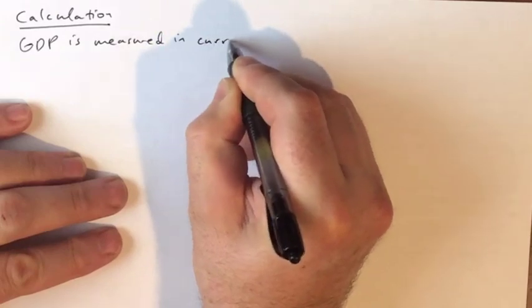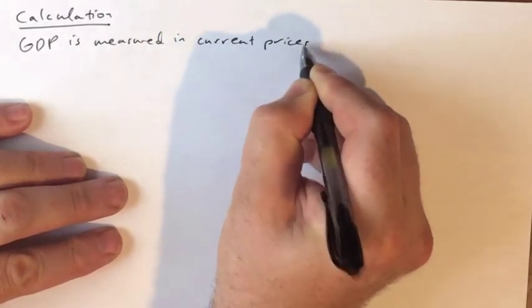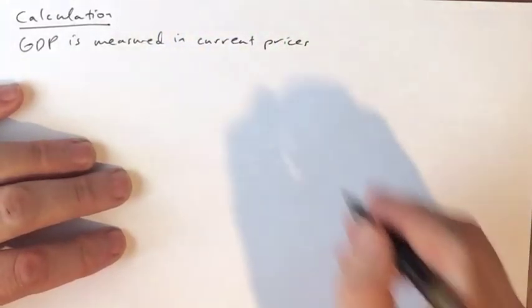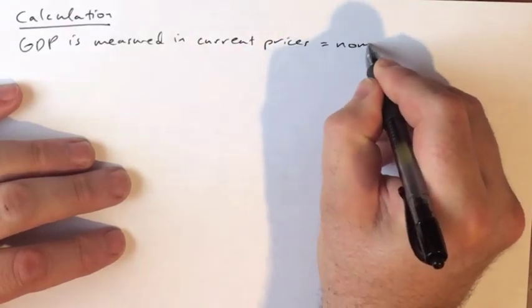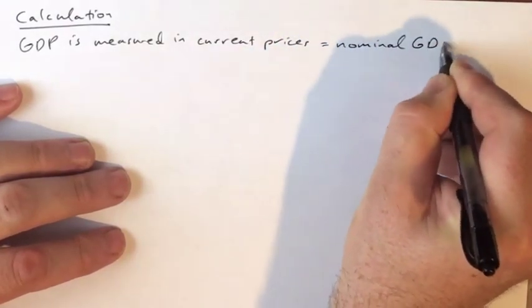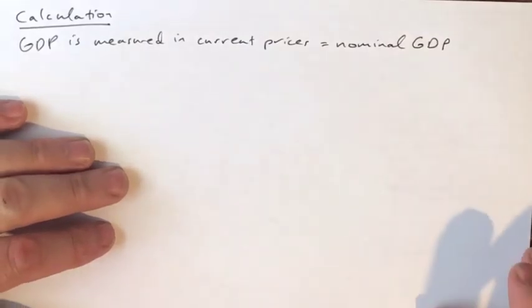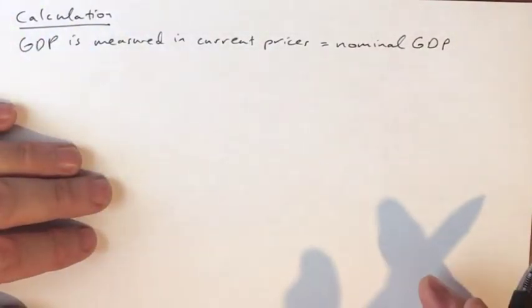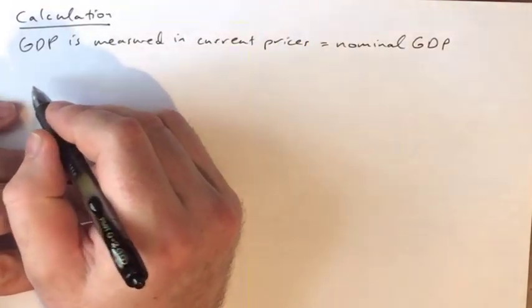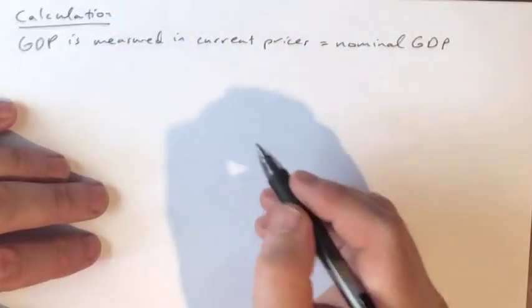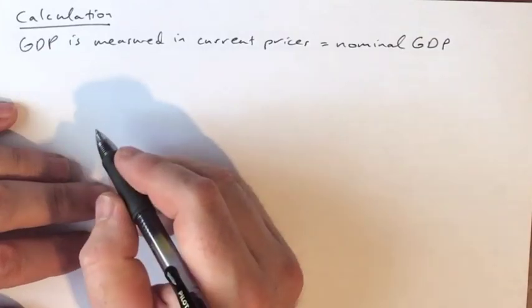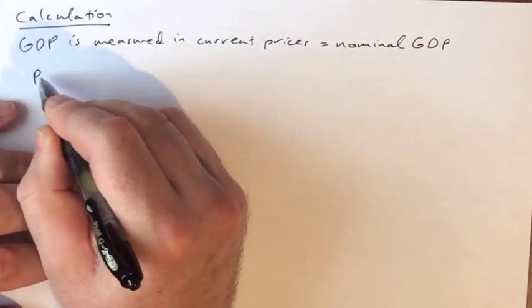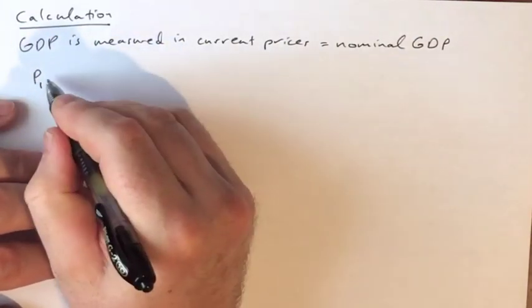in current prices. All right, GDP measured in current prices is called nominal GDP. And the way that it's calculated is pretty simple. There's however many goods there are in the society, we're going to take the quantity of each good, multiply by its price. So let's say we have good 1 that has a certain price.